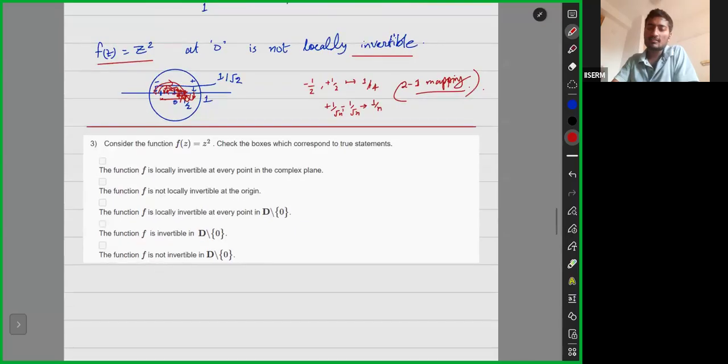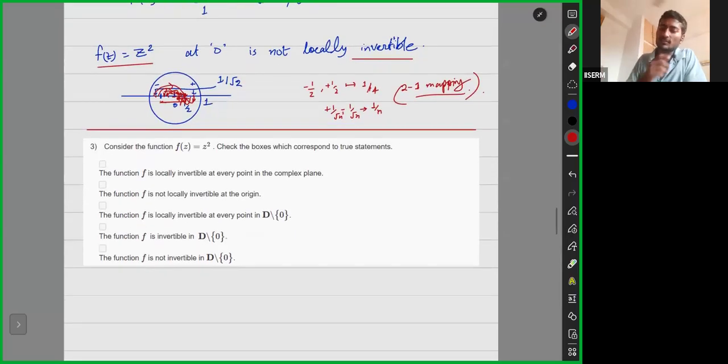So we already see, we are thinking about this example. Is the function f locally invertible at every point in the complex plane? Invertible means 1, 1 and undo in a neighborhood, locally means in the neighborhood of every point. But we see that in the neighborhood of 0, it is not.